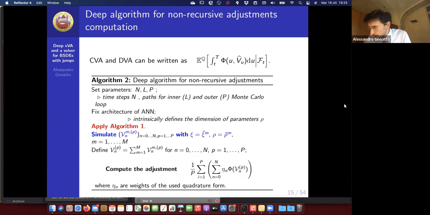For the non-recursive evaluation adjustments, which have this simple form here, you see they merely depend on V hat, the mark-to-market of the portfolio. These are simple conditional expectations, so we can propose just a standard Monte Carlo estimator. This is algorithm 2, which is enough for the non-recursive evaluation adjustments such as CVA and DVA.